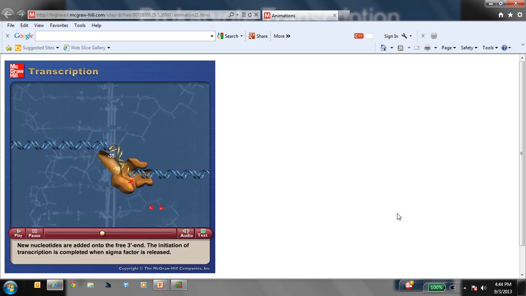New nucleotides are added onto the free 3' end. The initiation of transcription is completed when sigma factor is released. As elongation of the transcript then continues, the RNA polymerase moves down the DNA molecule and the next sequence in the chain is opened up.